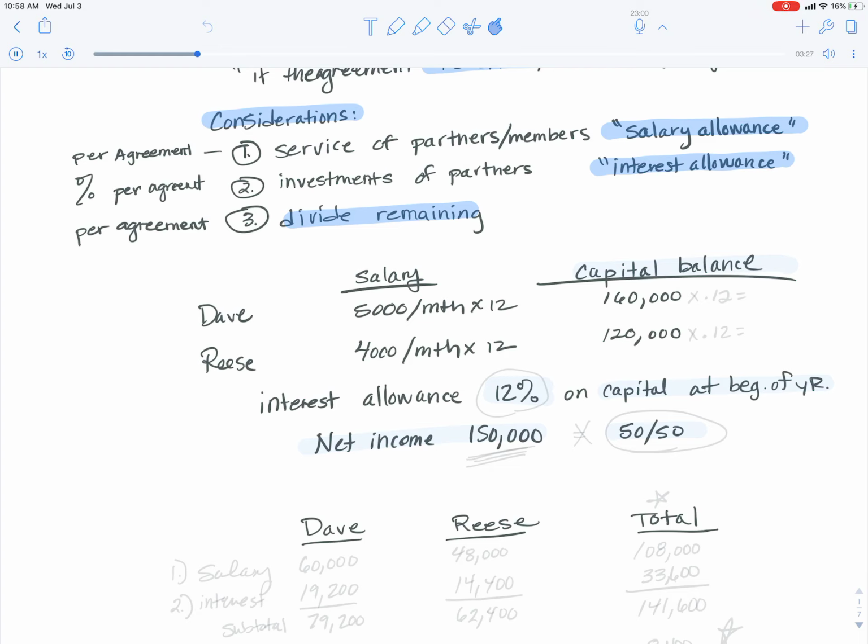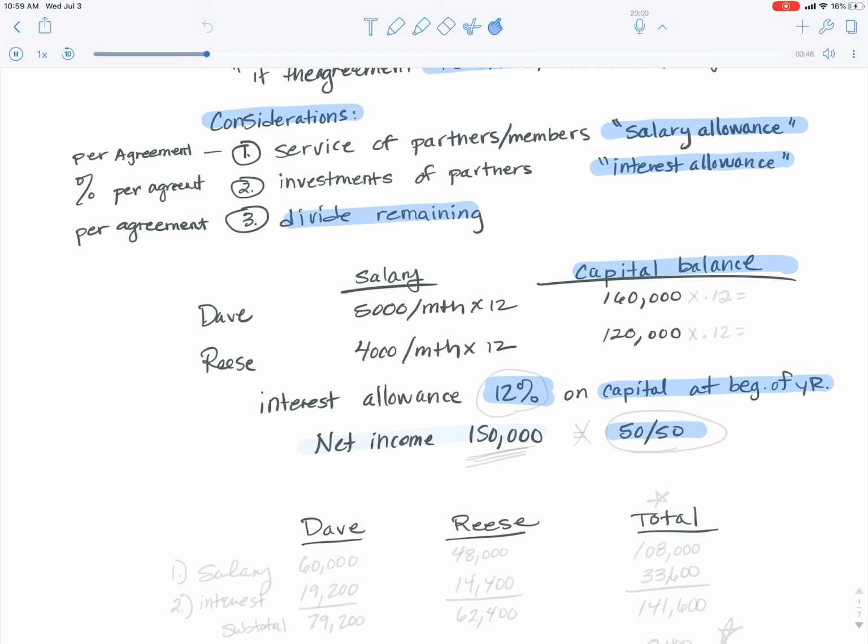The partnership agreement says these are the salaries. It also says we have an interest allowance, 12% on capital at the beginning of the year. So these numbers here are capital at the beginning of the year. And anything remaining is split 50-50.